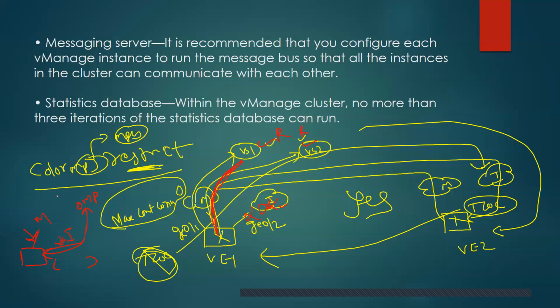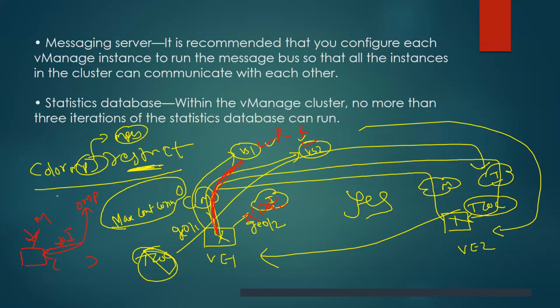So indirectly, in this scenario, either you are setting max control connection 0 for MPLS. That means MPLS is not able to reach the vSmart, right? The logic is the same.